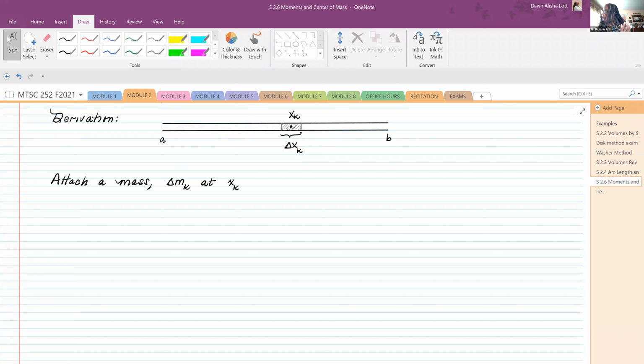Well, we know from before that the center of mass is the system moment divided by the total mass of the system, or the system mass. For us, the system moment is still the same.